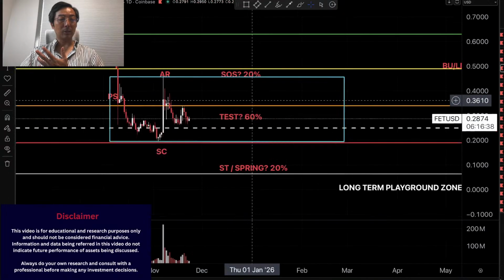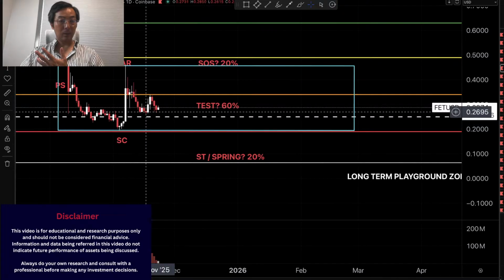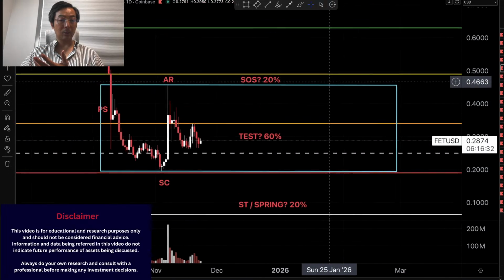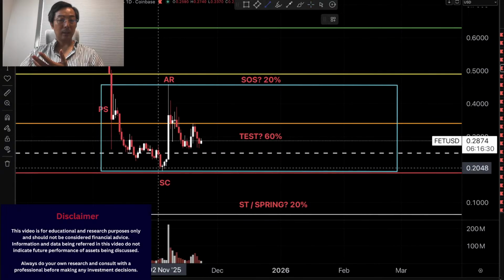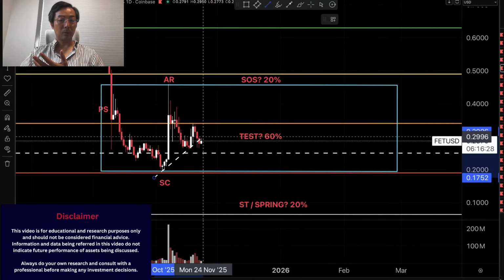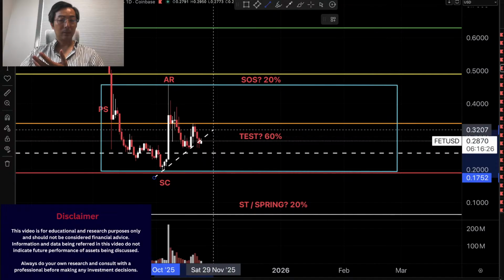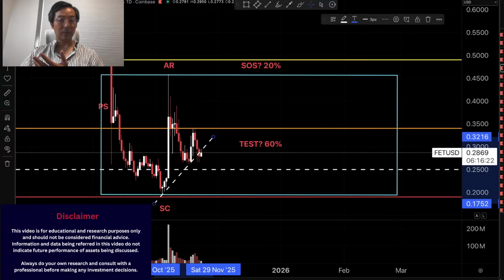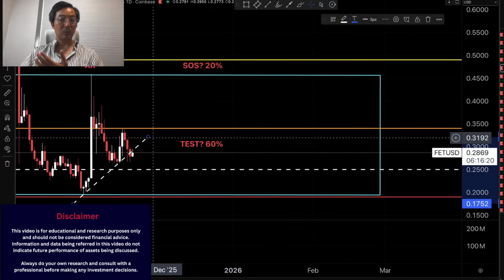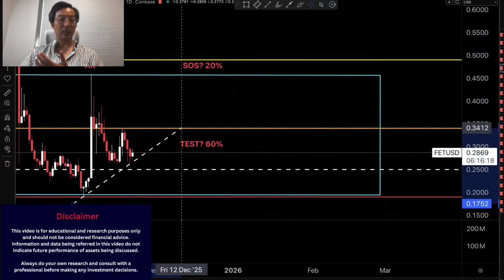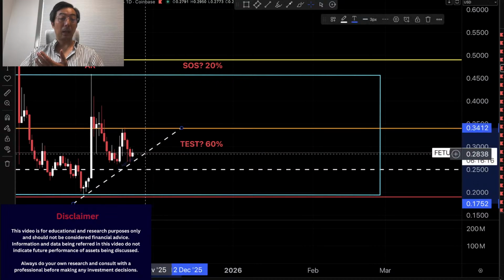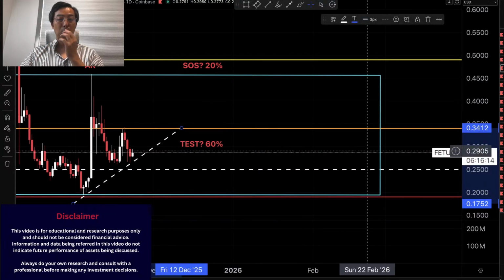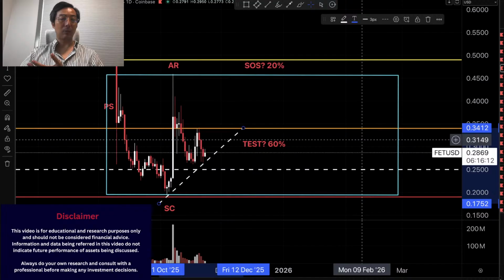Within this box, as of this moment, it's still trading sideways. If I draw an ascending bottom trend line, you see it just edged outside of that line yesterday. If you want to adjust this, it's fine, but it may continue to go sideways.